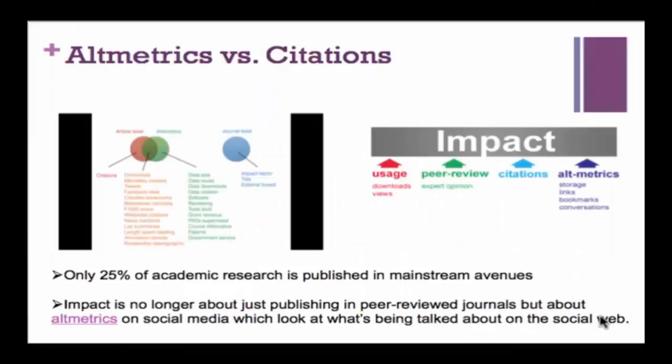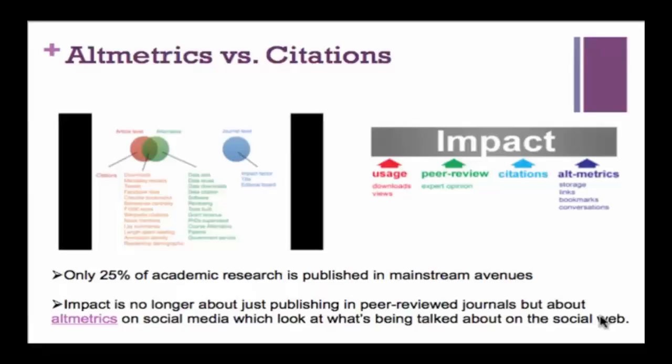If, as this figure states, only 25% of academic research is published in mainstream avenues, that is, in academic journals, then I could truly say that it may be difficult to rely just on established methods of evaluating impact. One has to consider alternative metrics, not just citation analysis, which is the practice at the moment.